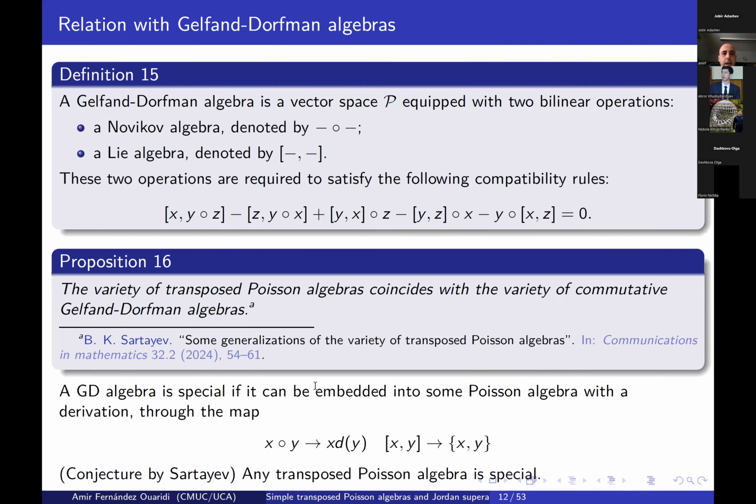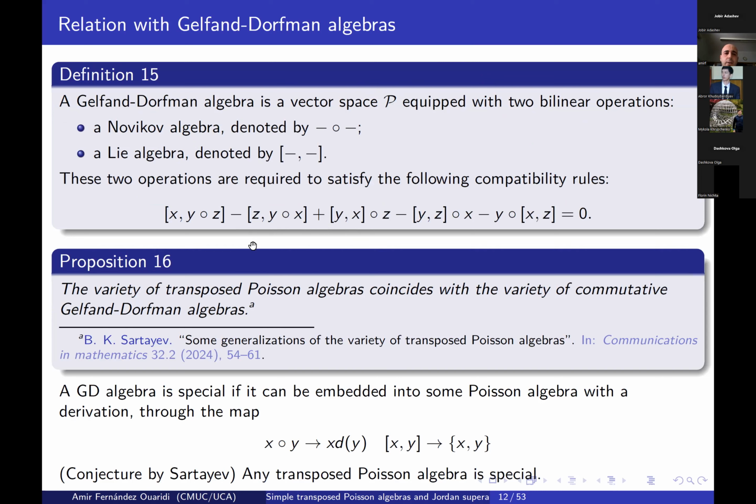Also, there is a relation with Gelfand-Dorfman algebras. A Gelfand-Dorfman algebra is a vector space with two bilinear multiplications, a Novikov algebra and a Lie algebra, with this additional compatibility rule.